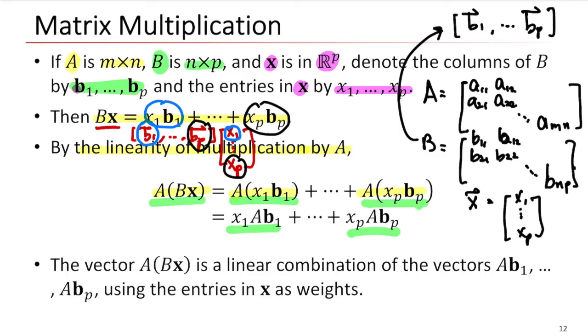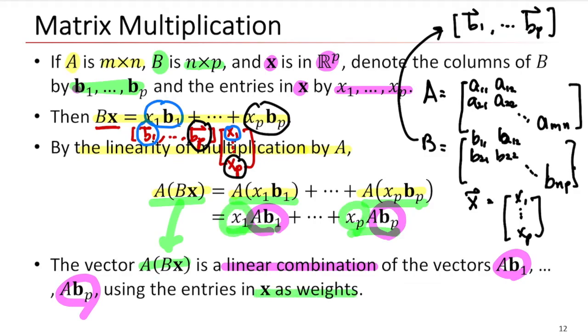And what does it mean? The A times Bx is the linear combination of the vectors Ab1 through Abp with the weights x1 through xp.